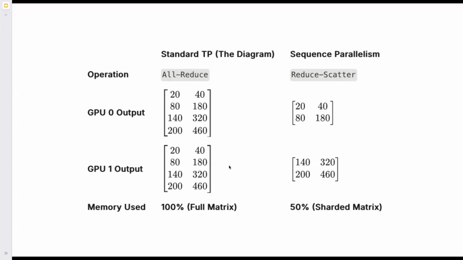And with sequence parallelism, if we divide the sequence in halves, for instance, as a result we get back only half of the final matrix, which makes sense.